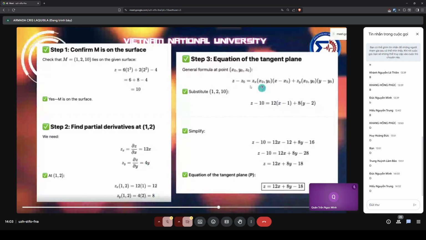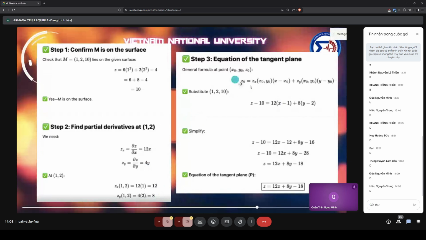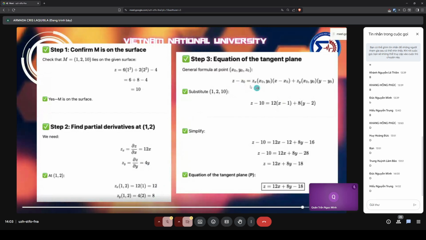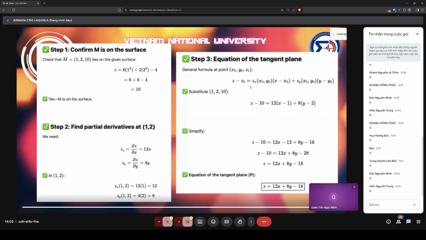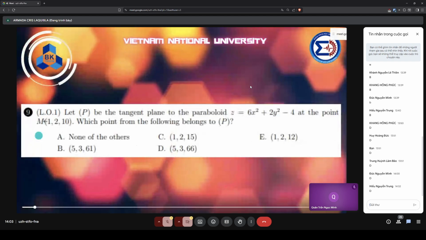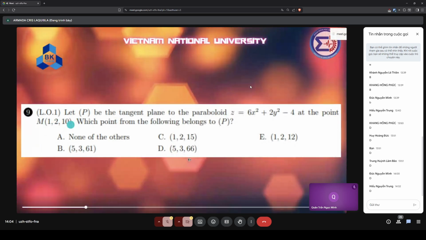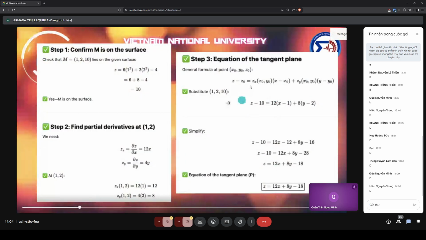Now you substitute it here. We use x sub o, y sub o, z sub o. I guess these are not the variables we used previously, but they're just the same. So this is your x sub o, 1, your y sub o is 2, and your 10 is the z sub o. That is why it's now z minus 10, okay?